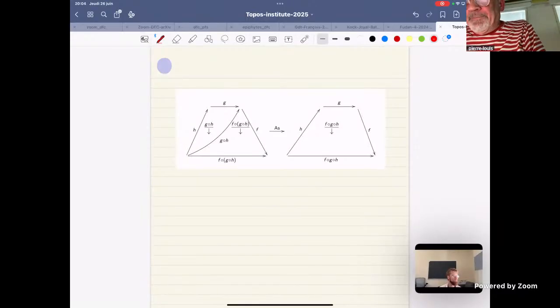But I could also want to compose g and h first. Now we're looking at the left of the picture, and the result is g composed with h, with f.